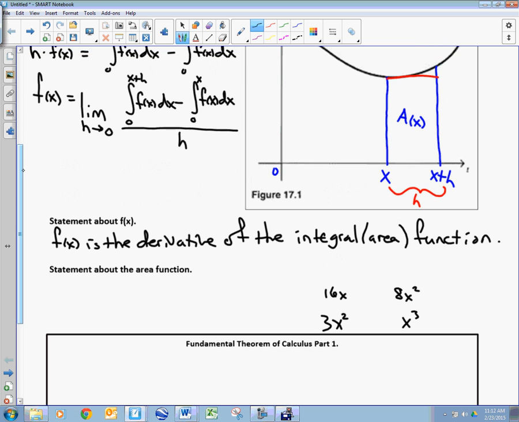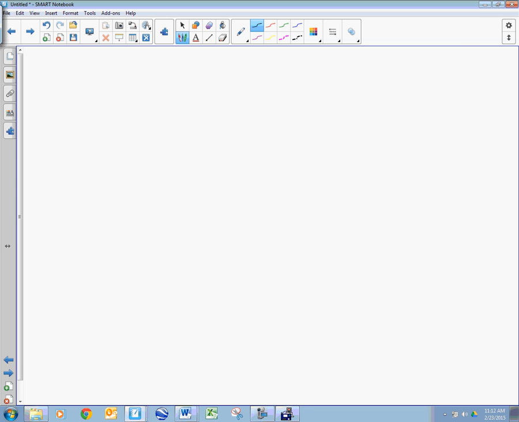That tells us if f of x is the derivative of the integral, then the integral is the what of f? The antiderivative, right? Let's try it again. If cosine of x is the derivative of sine of x, then sine of x is the antiderivative of cosine, correct?